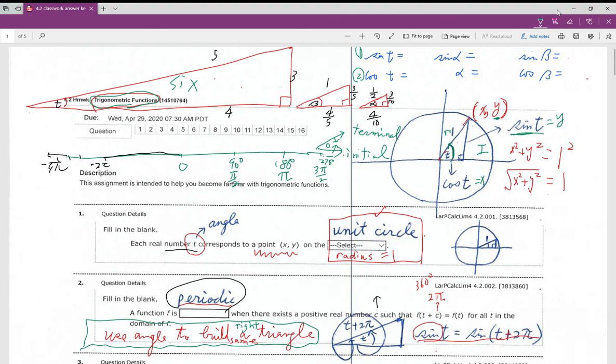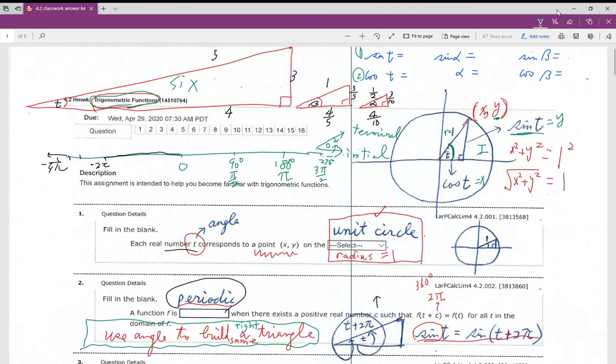Now, how about the radius? If the radius is not equal to 1, what happens? We are going to have a more detailed definition because you can't guarantee all the time that the radius always equals 1. So if the radius is not equal to 1, what happens?